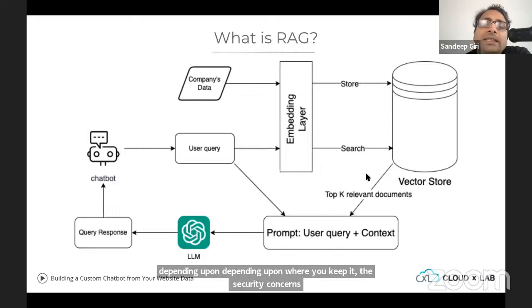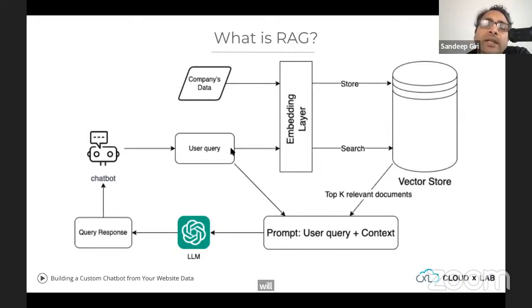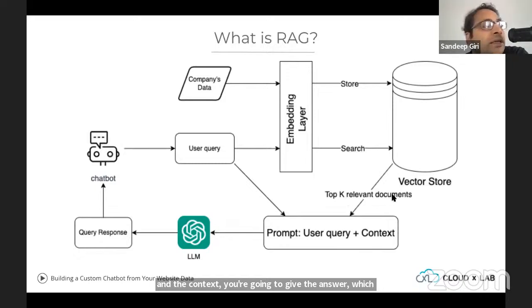The next problem arises when the user's question comes and you look it up. Based on the user's query and the context, you give the answer, which means if the documents you searched contain proprietary information that you don't want to expose to the public, they will get exposed to the LLM and also to the user in the end. So what to do in this scenario?